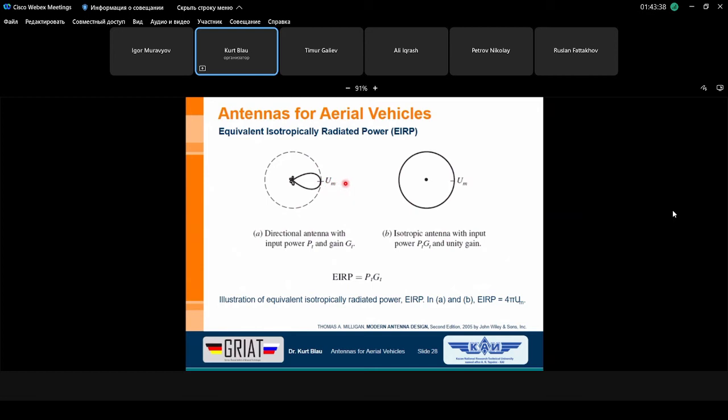And this is not allowed because on the label the allowed power is printed as 20 dBm, meaning 100 milliwatt.